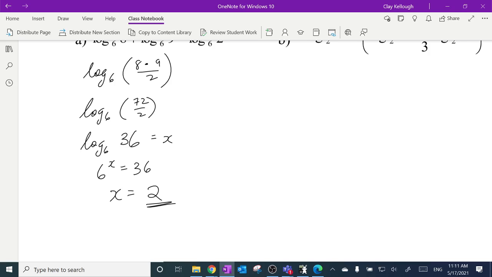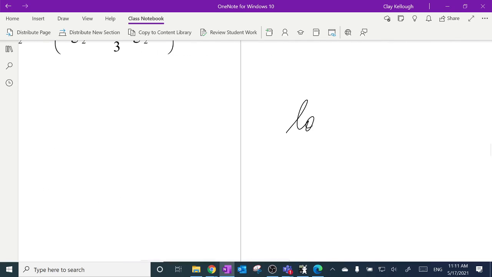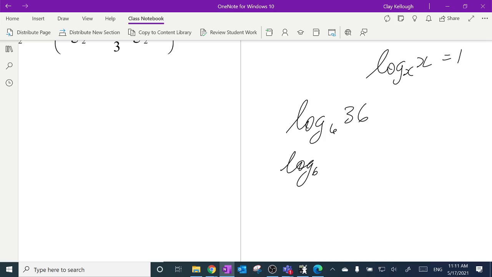Alternate strategy, if you're looking at this, you can, of course, recognize that log to the base x of x is always 1. So 36 is 6 squared, and we just learned a rule that exponents become coefficients. And if this is 1, that's 2 times 1.